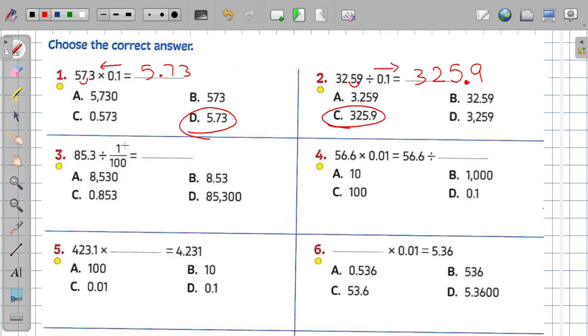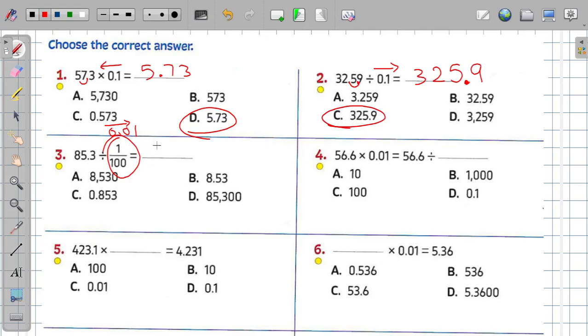Next, I have 85.3 divided by 1/100. What is the meaning of this? This means it's 0.01 or 100th. So I wanted to divide by 0.01. So I will move the decimal point to the right. I have 2 digits, so I will move 2 places.